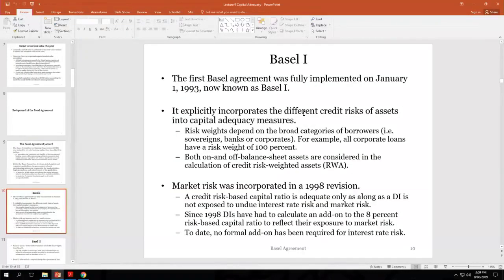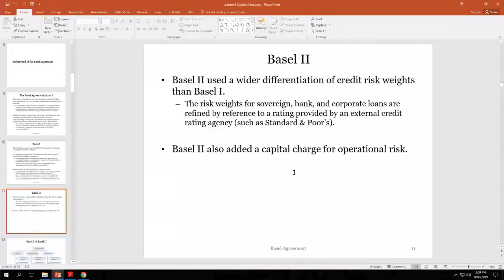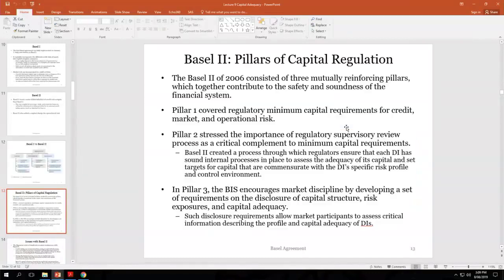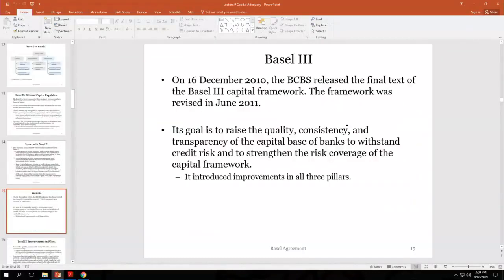We talked about how it was first initiated, what the general rules are, and how under Basel II there are several improvements. In particular, they added requirements for operational risk. We will be focusing on Basel III, and you need to know the detailed rules recommended under Basel III about how to calculate capital ratios for a bank.